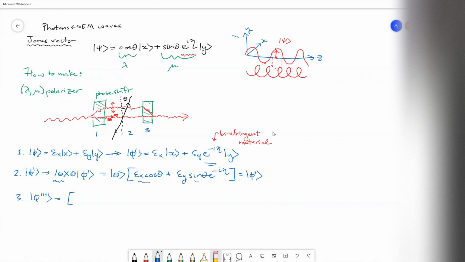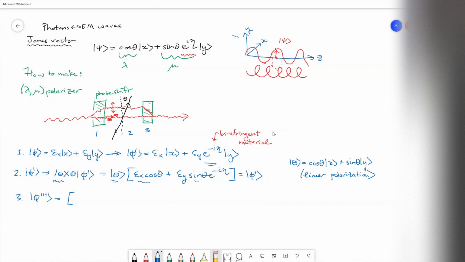Theta is just the combination of X and Y. It's the linear polarization along the theta direction, right? Because there's no complex phase. Okay, so what do you get?